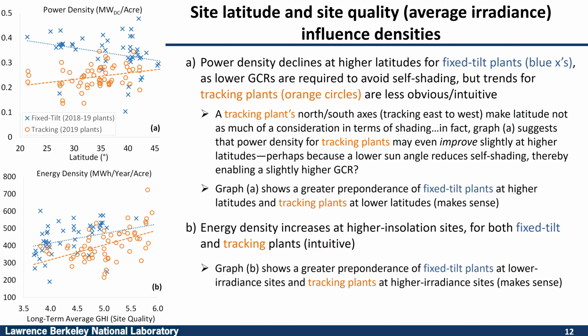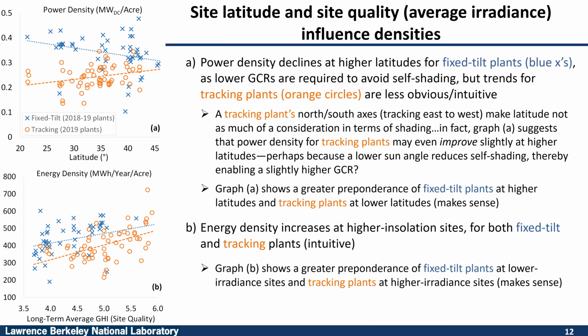So up top, we see that the power density of fixed tilt plants declines at higher latitudes, which makes intuitive sense given the need to space rows farther apart at higher latitudes in order to avoid self-shading as the sun is lower in the sky. For tracking plants, the relationship with latitude is less obvious, and quite frankly, it's probably not very meaningful.